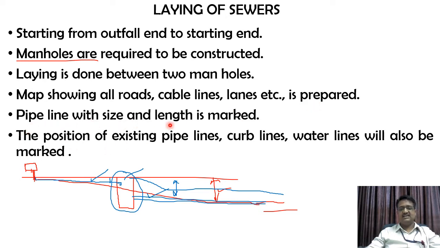Pipelines with size and length should be marked, so that we have an appropriate idea of what diameter of pipe is going to come, along with the slope at which it is going to be laid. Next, the position of existing pipelines, curb lines, and water lines will also be marked. That is, you need to have proper control over the existing status of that particular layout. Along with that, how you are going to put your sewer lines will also be marked over there.